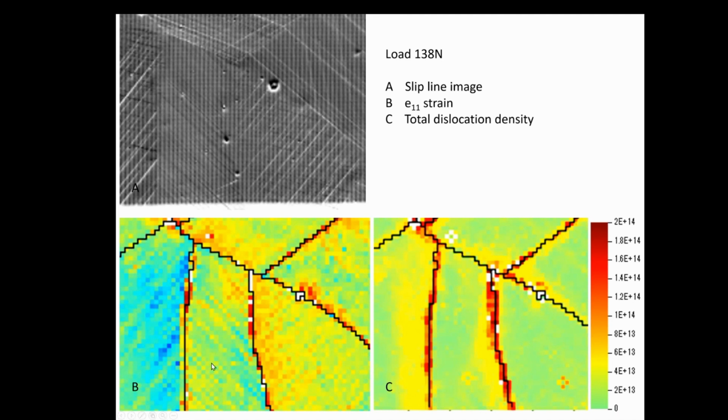Those there are here. And these here are the strain here. So that's a topographical image. This is a strain image, and this is a dislocation density. It tells you how many dislocations are in this zone. So you want to put these three bits of information together to try and understand what is actually going on.